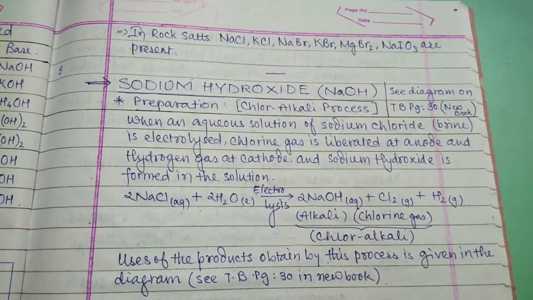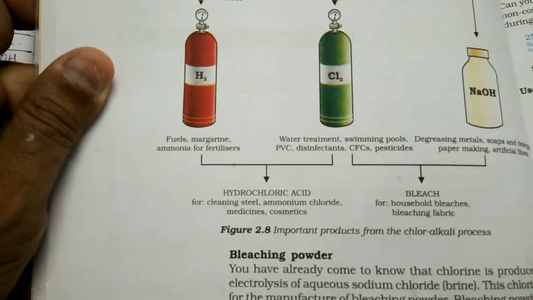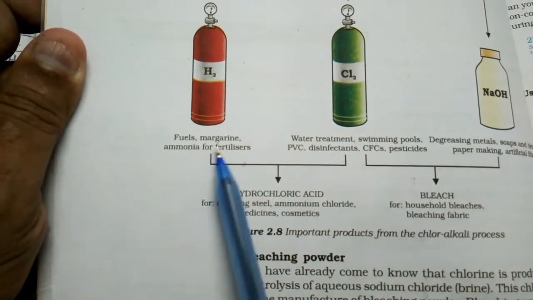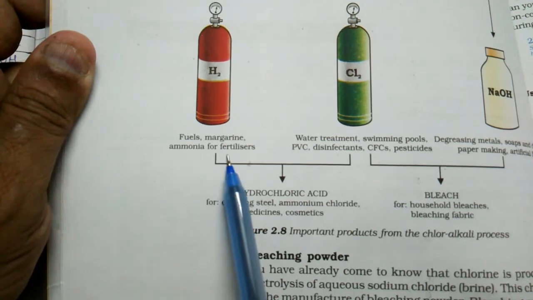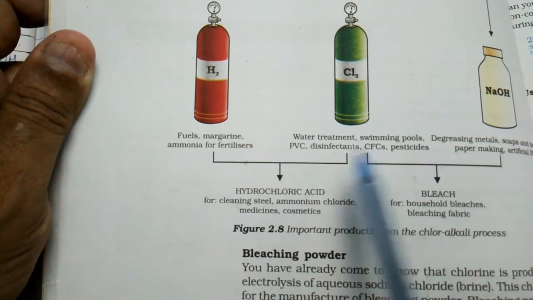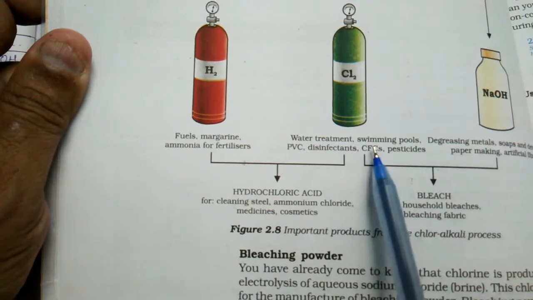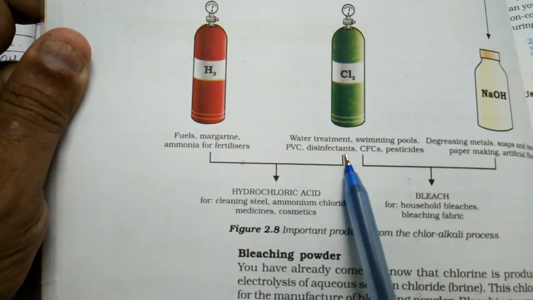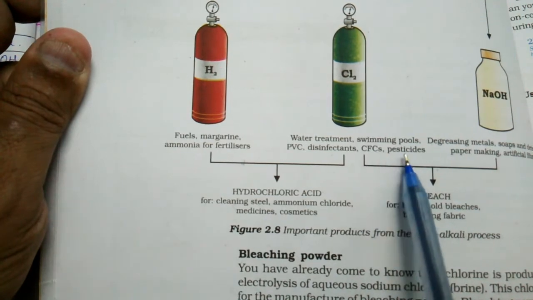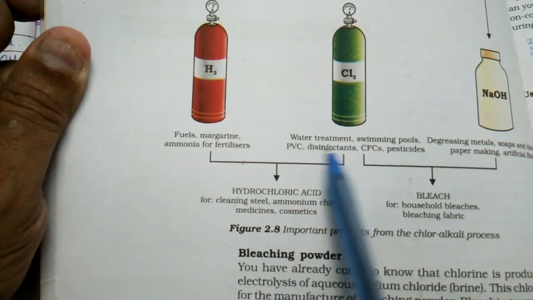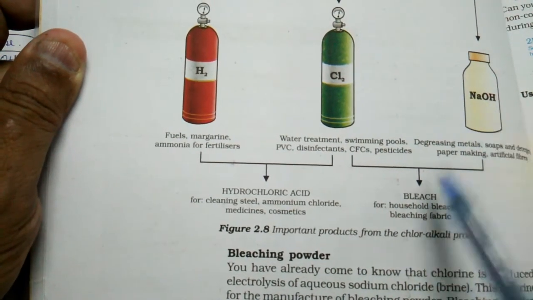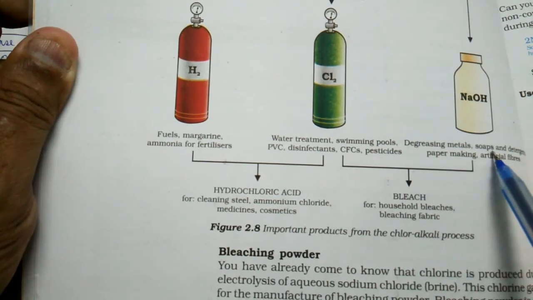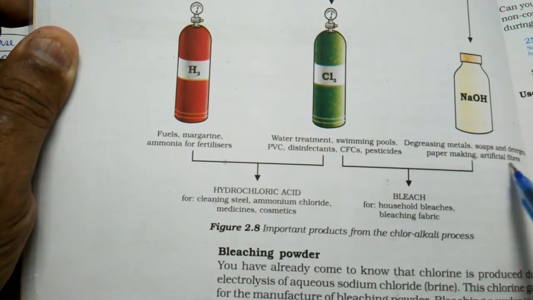In this diagram, I have the old diagram, but here are the uses of hydrogen: fuels, margarine, ammonia for fertilizers. Chlorine gas: water treatment, swimming pools, PVC, disinfectants, chlorofluorocarbons, pesticides. Uses of sodium hydroxide: degreasing metals, soaps and detergents, paper making, artificial fiber.